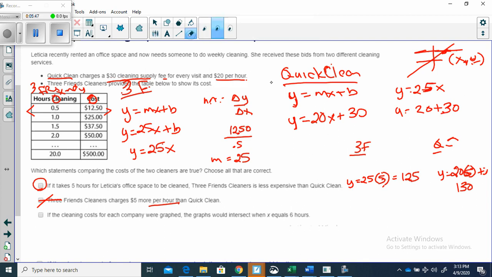Let me erase a spot here so we can do this.